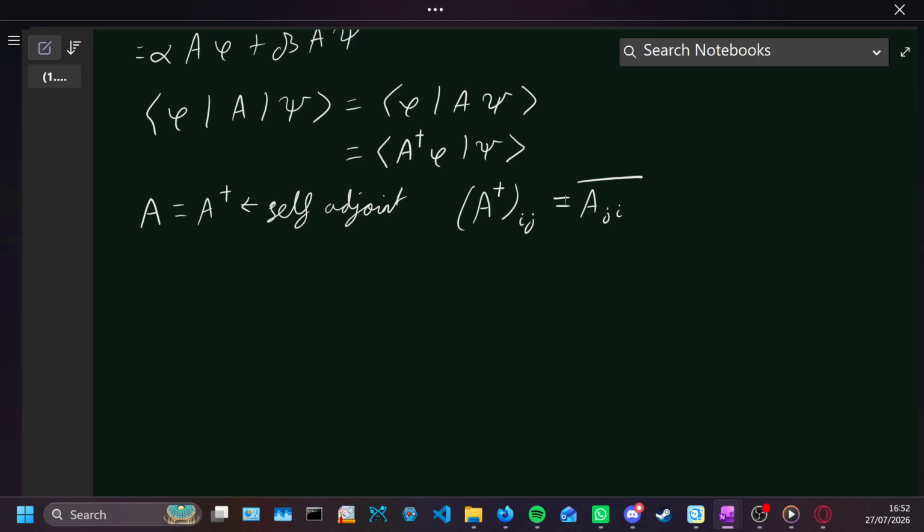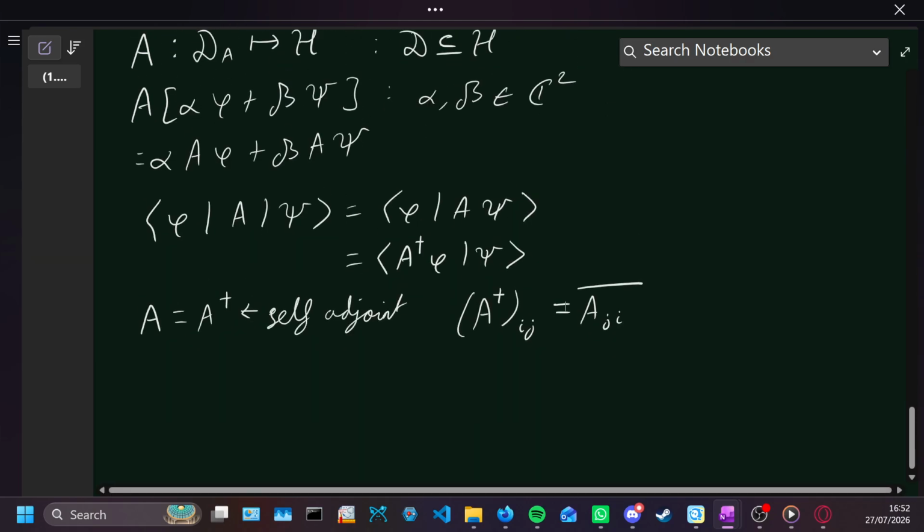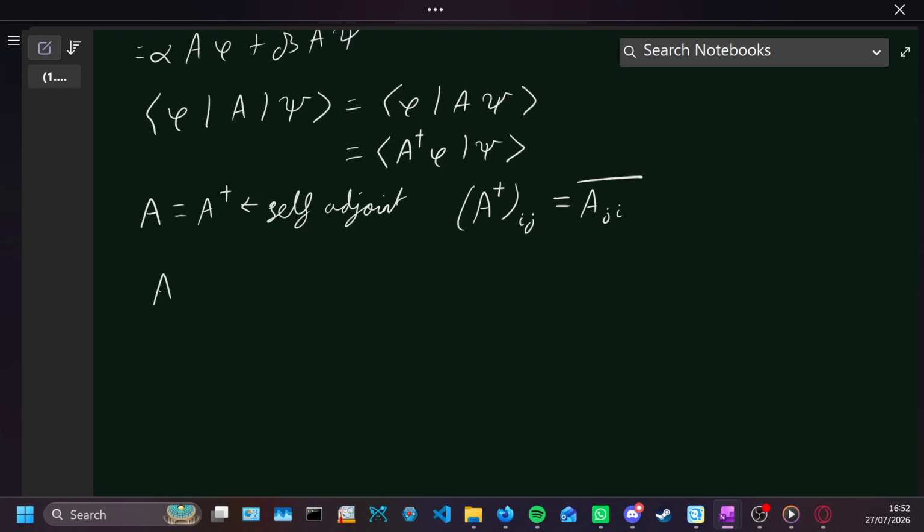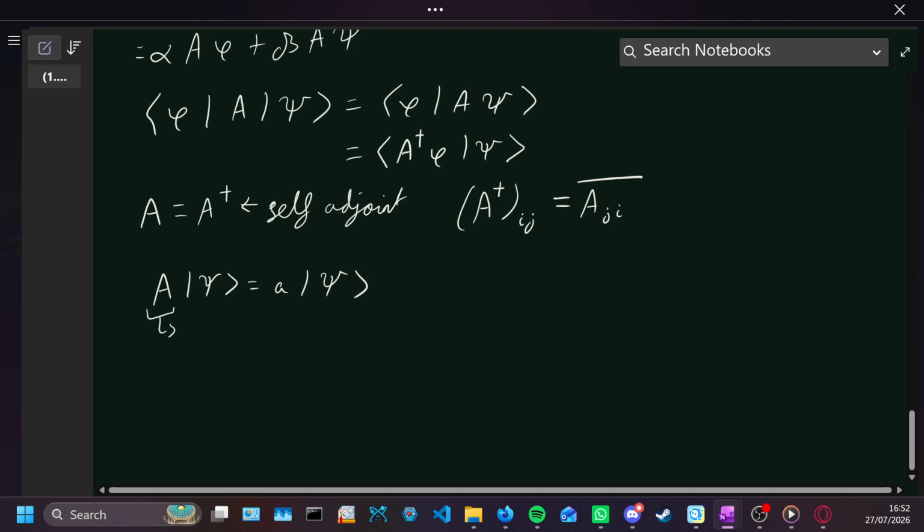So anyways, one thing I can do is consider the equation A of psi is equal to little a of psi. Essentially we said that A is an operation which represents measuring something.